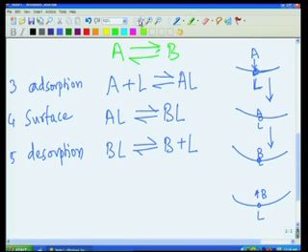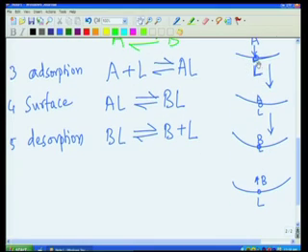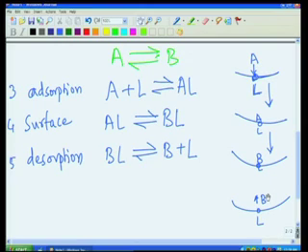Notice here that we started with a free active site and then we ended up with a free active site. That is, we have the active site back after A got converted to B, so that the next molecule of A can come back, interact with this L and go through this cycle.